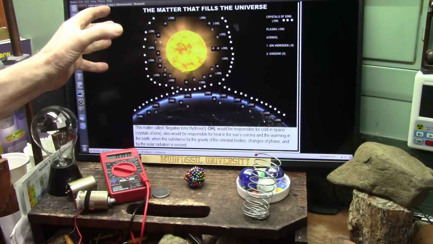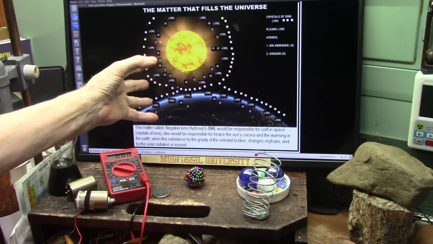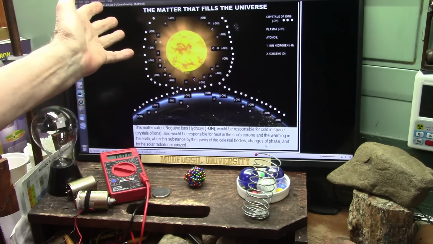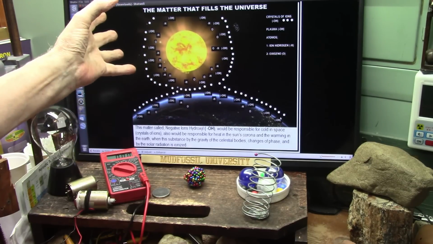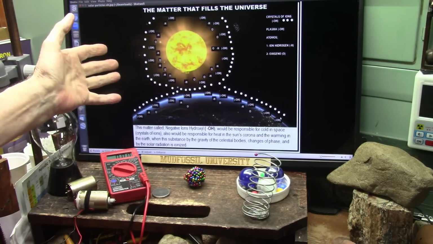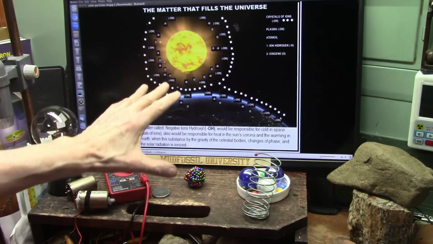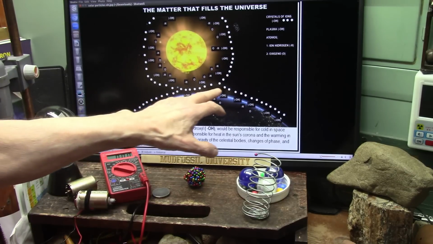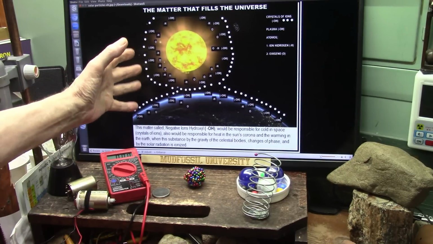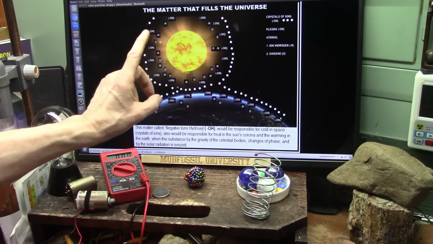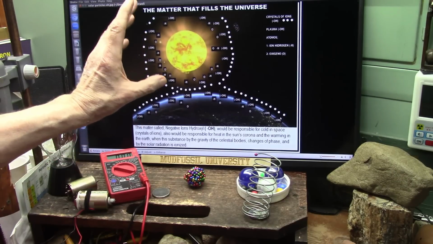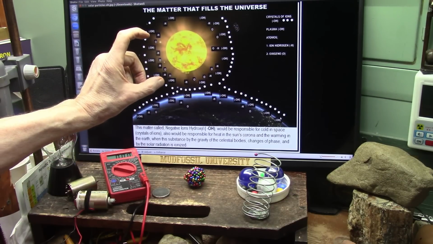Now, that means that they're negative, so they either are missing their electrons, or they have extra electrons. What happens is, as the light comes out of here, it's in packets of light, which are the positive and negative little black and whites.